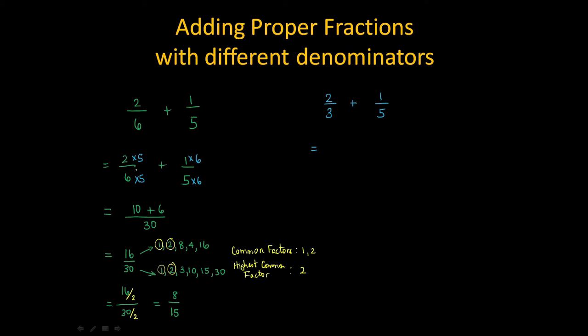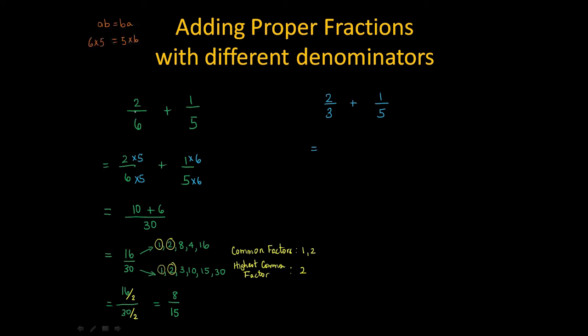For instance, you have 2/6 plus 1/5. If you multiply 6 by 5, and if you multiply 5 by 6, you get 30. So AB is equal to BA. Same idea: 6 times 5 is equal to 5 times 6.